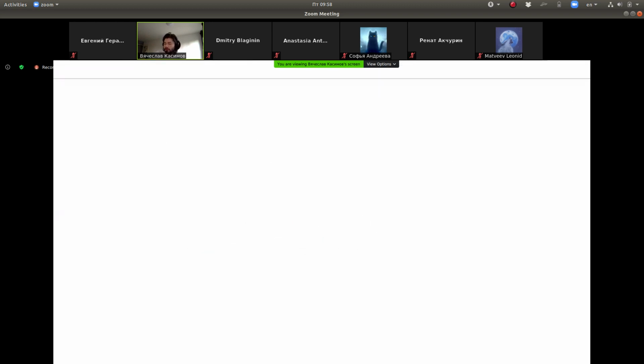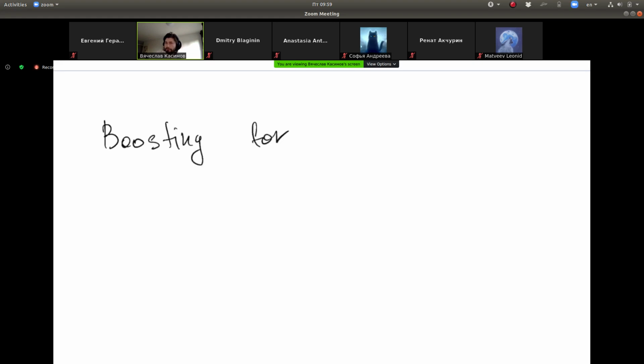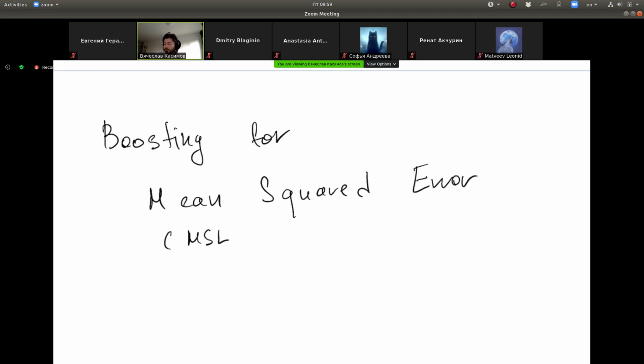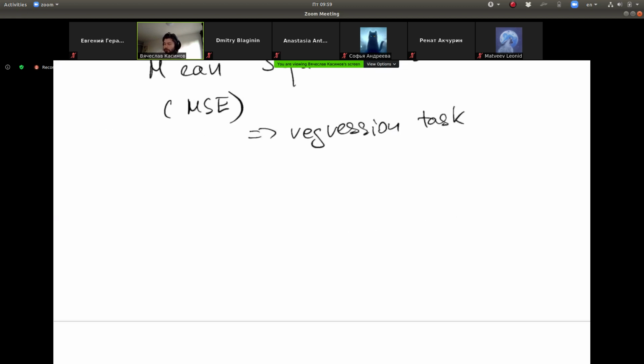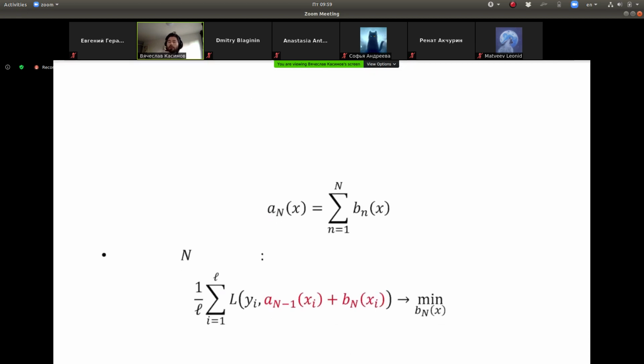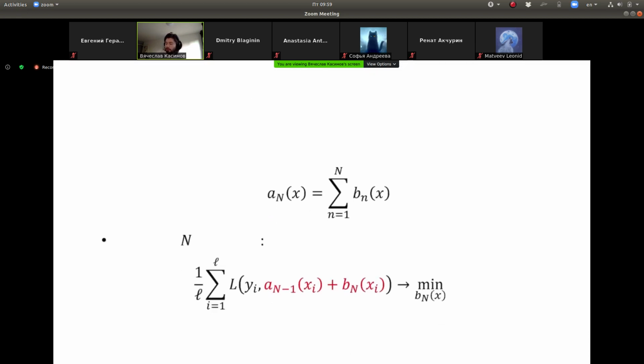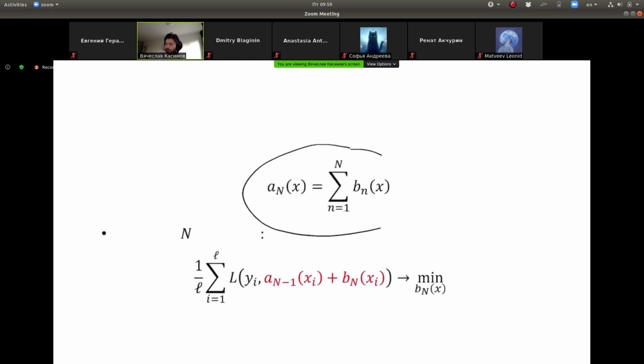Okay, let's consider maybe the easiest and most intuitive example. It's boosting for mean squared error, which means that you solve a regression task. Again, we have this ensemble.